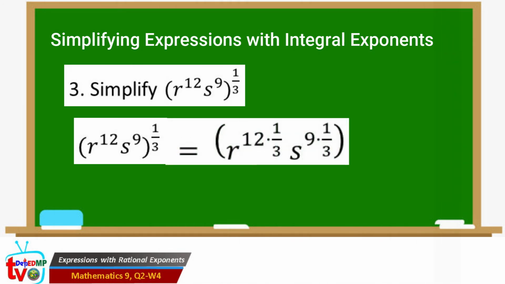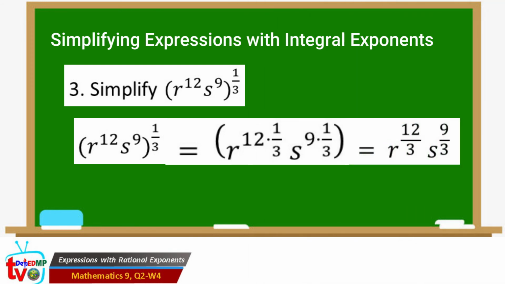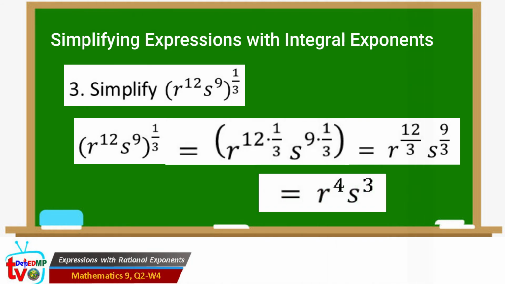We will have r raised to 12 times 1/3, s raised to 9 times 1/3. Simplifying the outcome, it is now r raised to 12 over 3, s raised to 9 over 3. Dividing the rational exponents, we now have r raised to 4, s raised to 3.